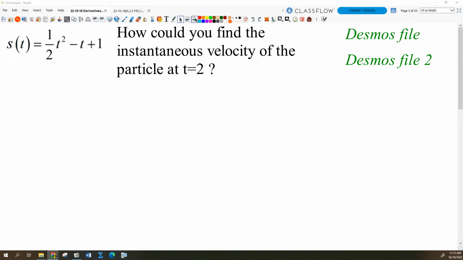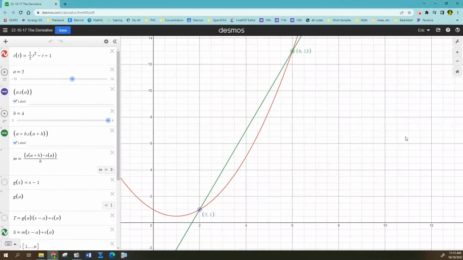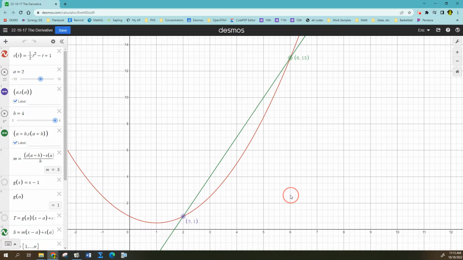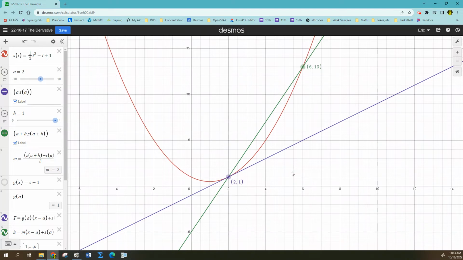Okay, and this is the picture we were trying to find the equation of that tangent line at T equals 2.